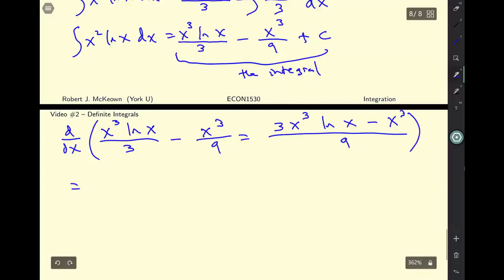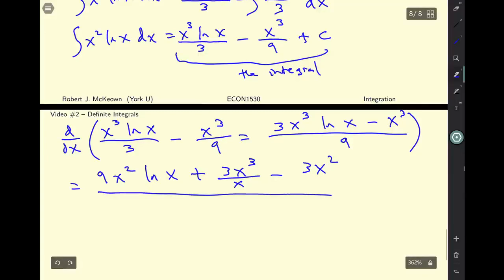So I'm taking the derivative of this whole thing. Now we get 9x squared log x, I have to use the product rule, plus 3x cubed divided by x, minus 3x squared.